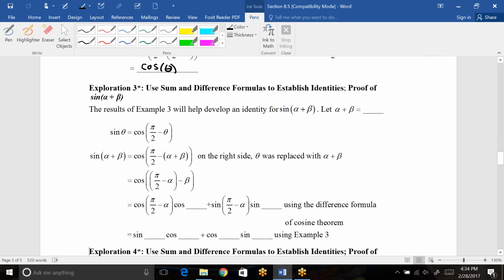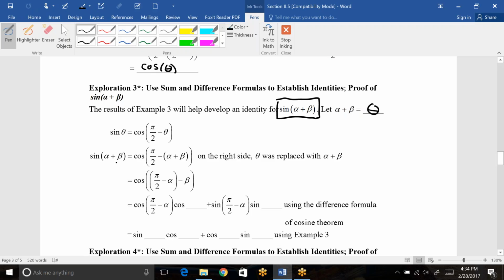So let's consider the results that we just got to help us develop the identity for what happens if we want to add or subtract values inside of sine. So if we let alpha plus beta be theta, then we know that, remember, sine theta equals cosine of pi over 2 minus theta.